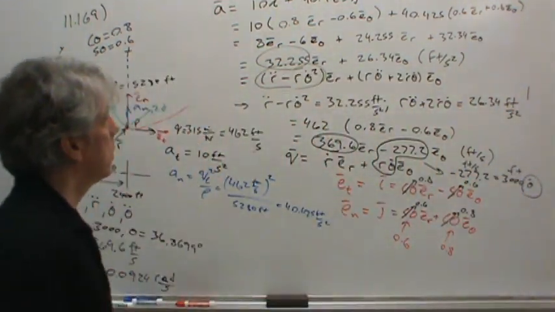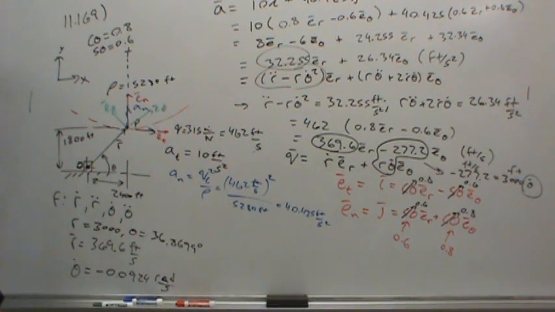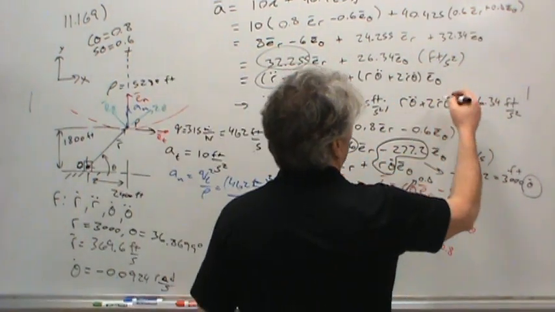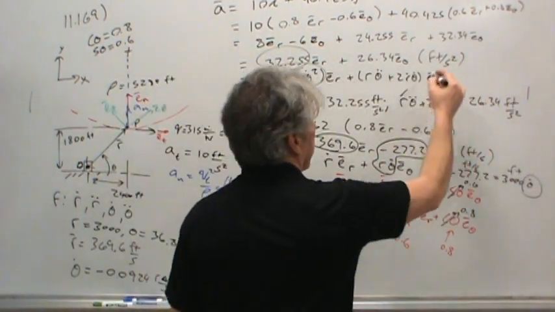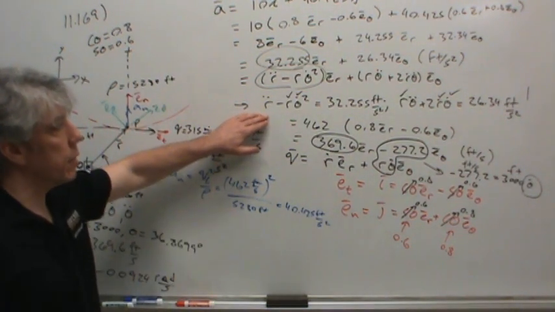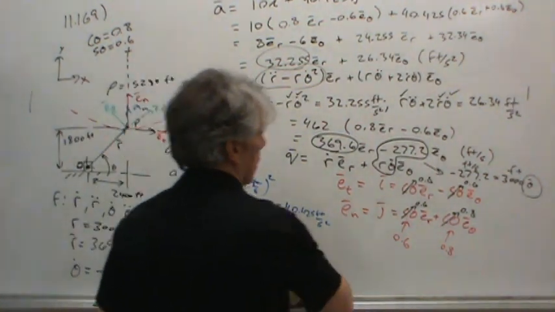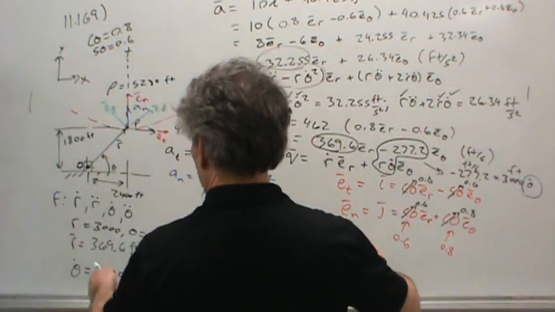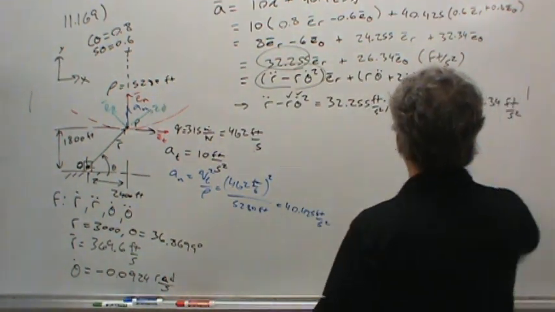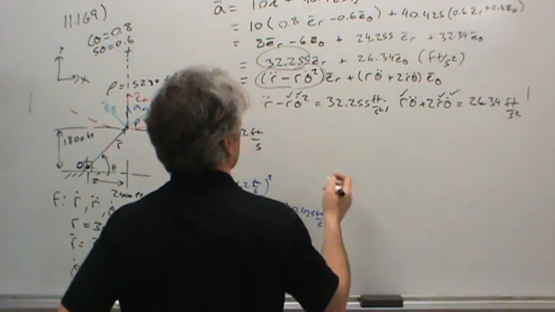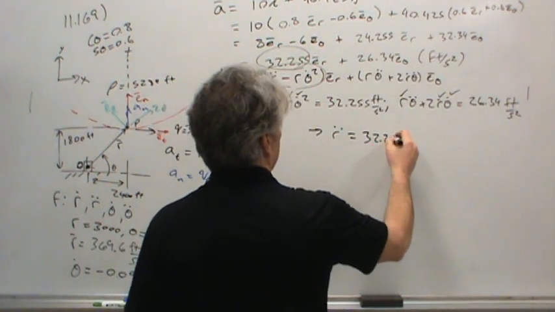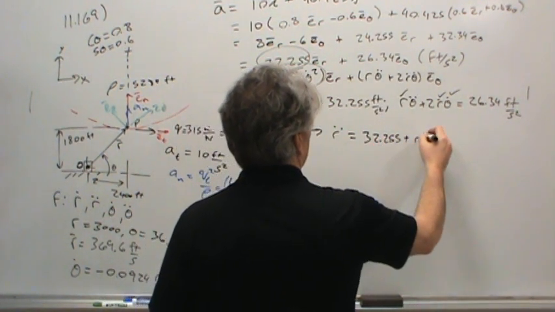Okay. Could I solve now for r double dot and theta double dot? Sure. I've got r, I've got theta dot, I've got r dot. So I will be able to solve for r double dot from the first equation, theta double dot from the second. So let's see. We've got answers over here, so we don't need this anymore. So r double dot would be equal to 32.255 plus r theta dot squared.